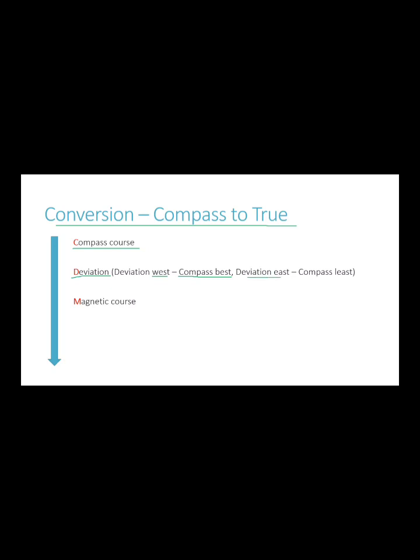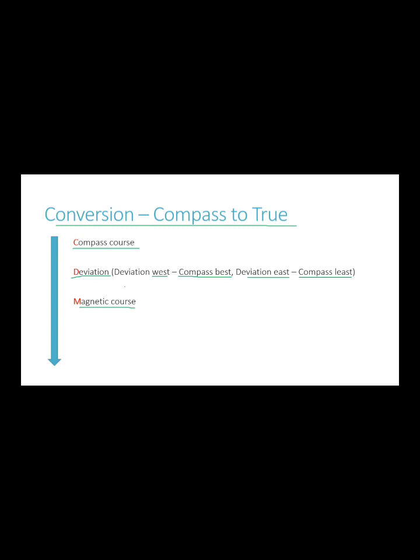And when the deviation is east, that means compass is least. Compass least means you have to add the deviation to go to the magnetic course. So beta, do you remember: deviation west, compass best; deviation east, compass least. Yes, sir. Very good. So we first apply the deviation, and when we apply the deviation, we get the magnetic course.